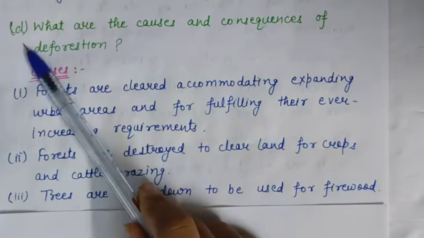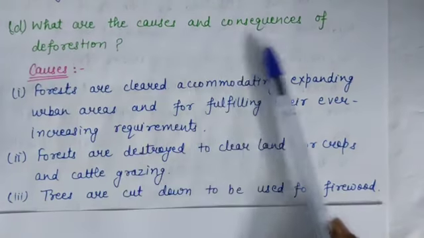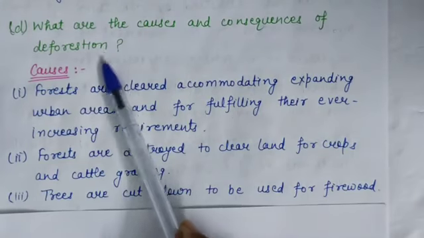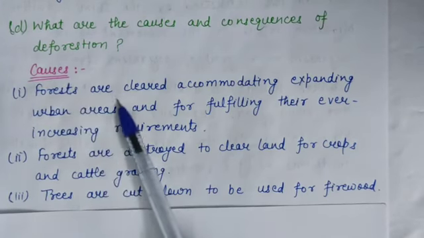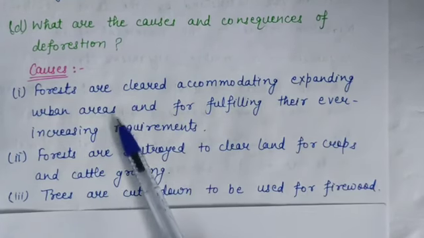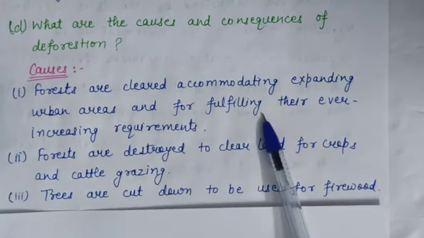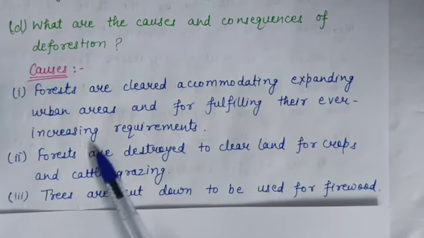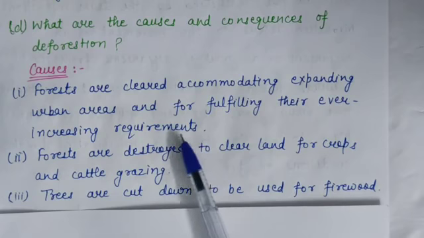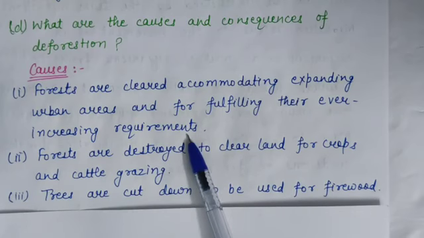Now D part is, what are the causes and consequences of deforestation? So causes are, forests are cleared, accommodating expanding urban areas and for fulfilling their ever increasing requirements. Means humans are responsible for deforestation.